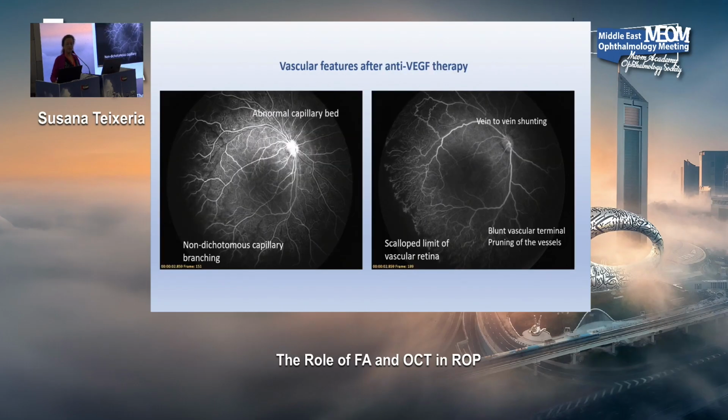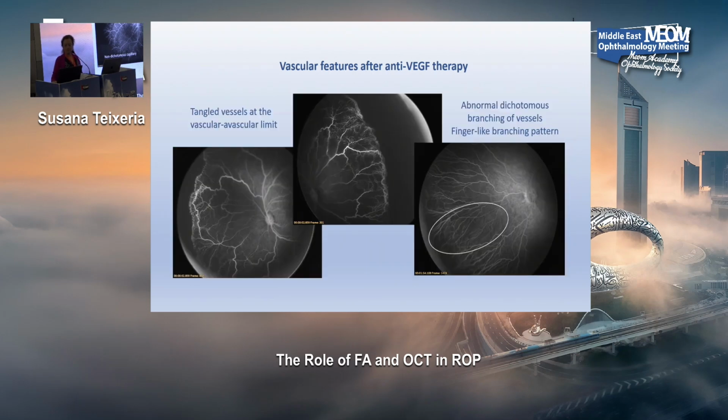So in the early times of angiography, you can see that there is a lot of abnormality in the capillary bed. Here you can see the scalloped retina, and you have vein to vein, not arterial to vein shunting. You have sometimes vein to vein shunting. So there is a lot of strange vascularization of these very young retinas.